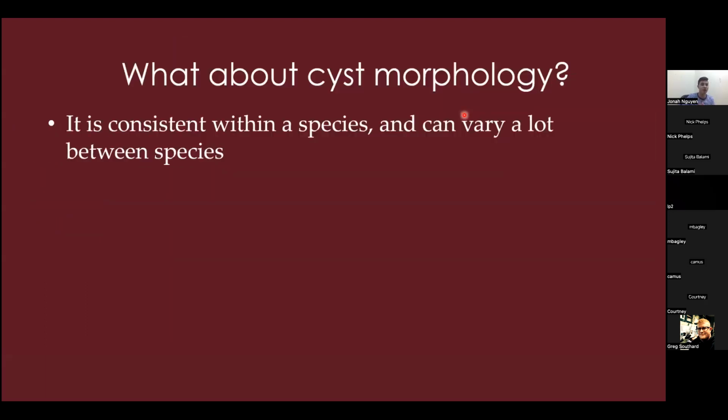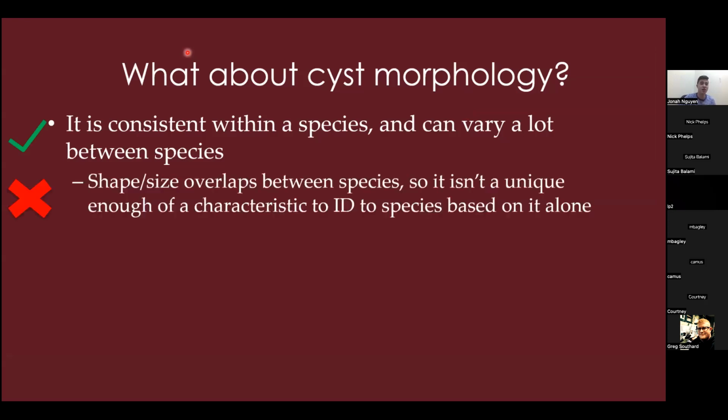So what about cyst morphology then? It is generally consistent within a species and can vary a lot between species, as you saw with one of the first images I showed with all the different cyst morphologies. So that's a good thing. But cyst shape and size sometimes overlap a lot between species. So it isn't a unique enough characteristic to identify species based on it alone every single time.